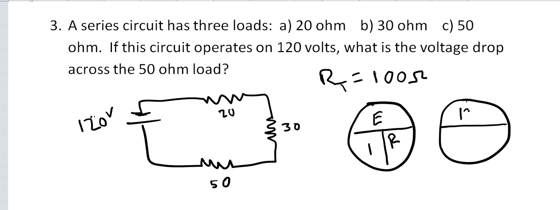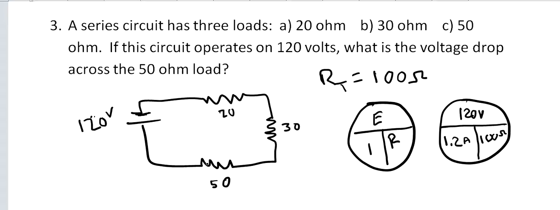We have 120 volts, and we have a total of 100 ohms. To determine what our amperage is, we divide 120 by 100. We just move the decimal point over twice, and we have 1.2 amps.